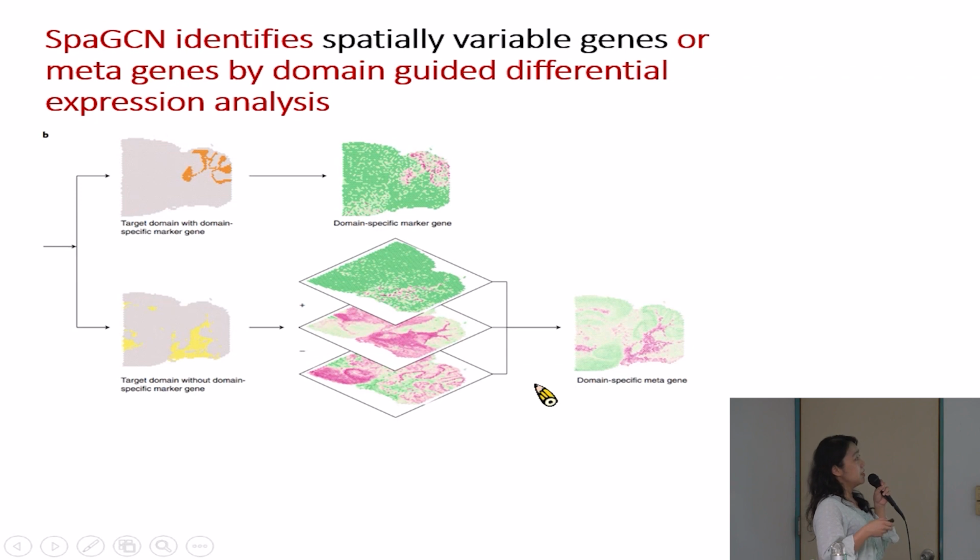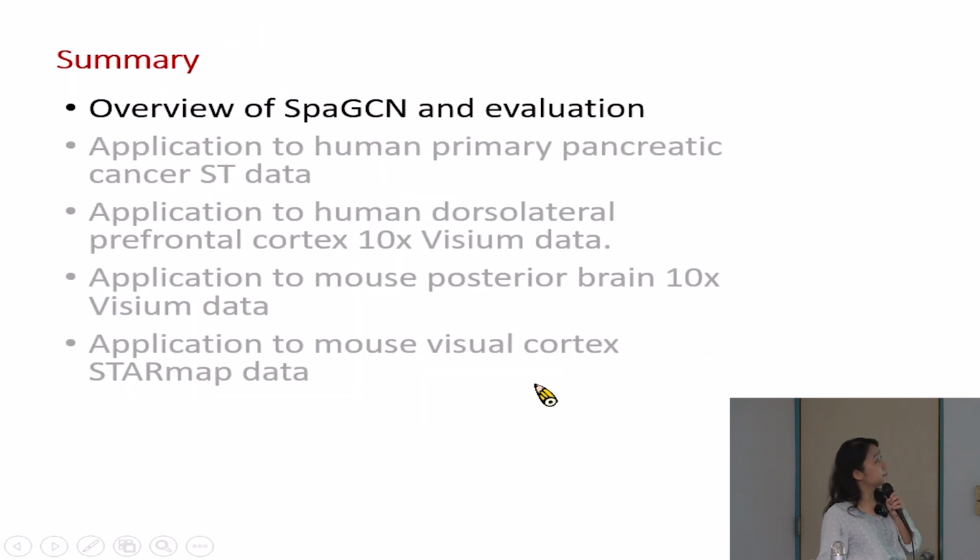Then, using the specific domain or non-specific domain, we can see the gene expression profiling that shows the specific gene marker, or we can define it through the meta-gene. Meta-genes means that there are several genes positive and several genes negative that will compose the different regions of this histology data.